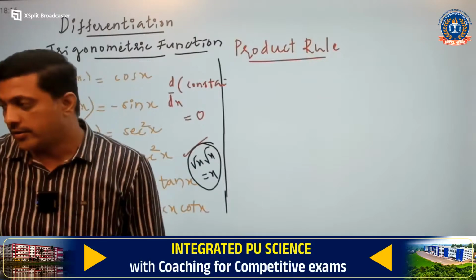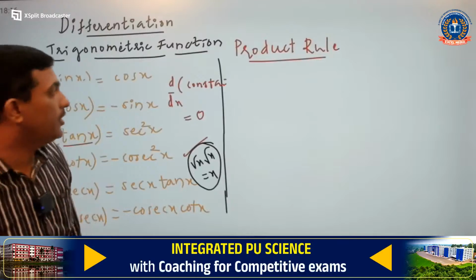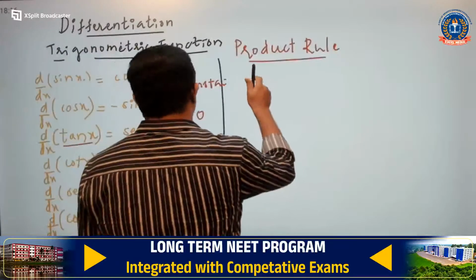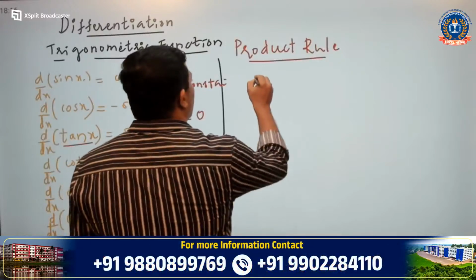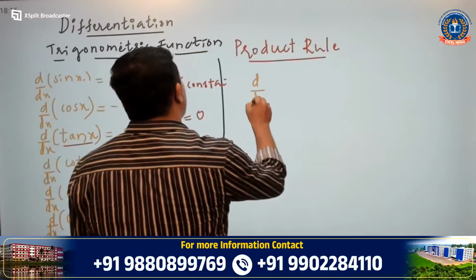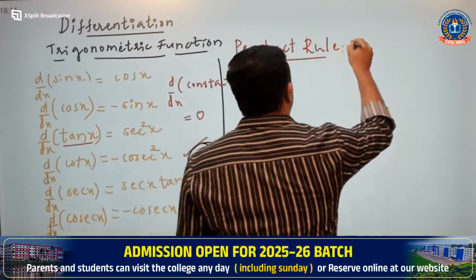Okay, right. Let's get into the product rule here. What is that product? Look at this. When we have a derivative, we start like this.